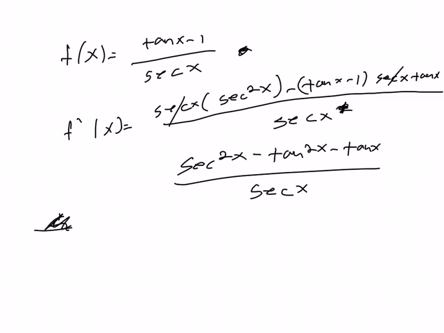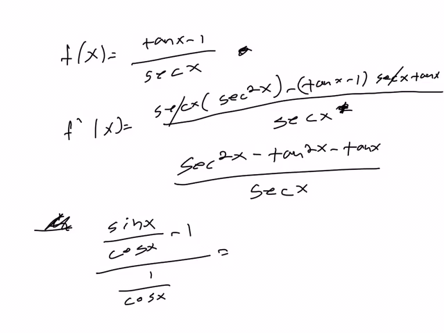The other part, we have tan of x is sine of x over cosine x minus 1, and this is over 1 over cosine x. So this is equal to (sine of x minus cosine x) over cosine x.